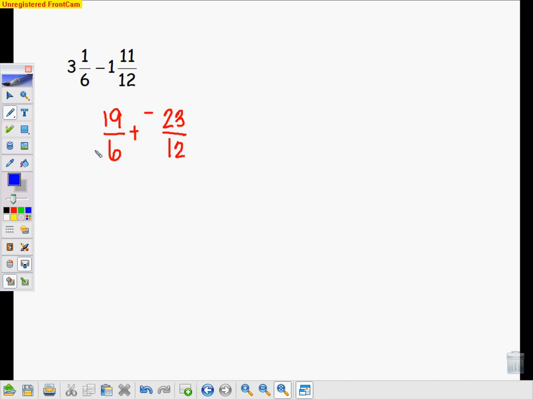So I want to multiply top and bottom of this first fraction by 2 over 2, which is, again, 1. So 2 times 19 is going to give us 38, minus that 23 because it's already over our common denominator of 12. Subtract those and we're going to get 15 over 12.